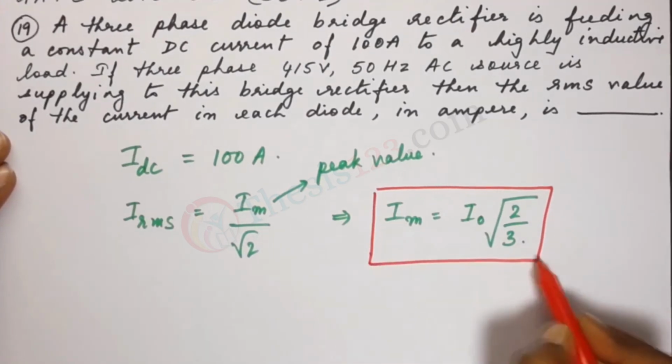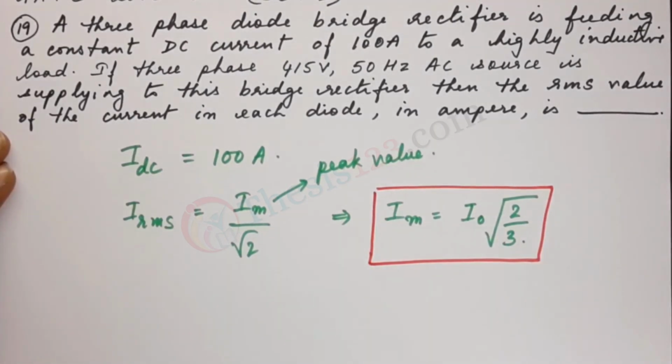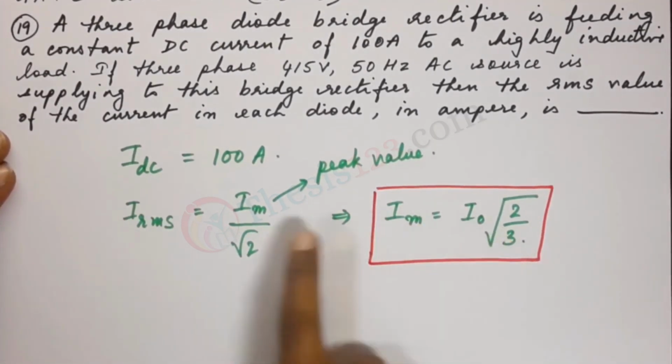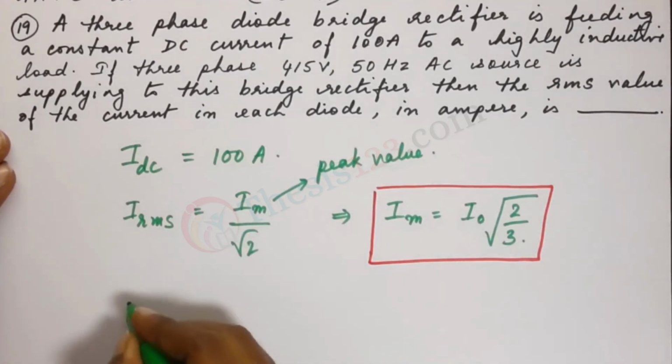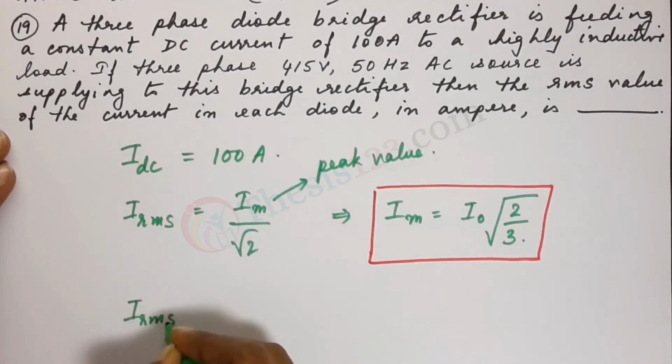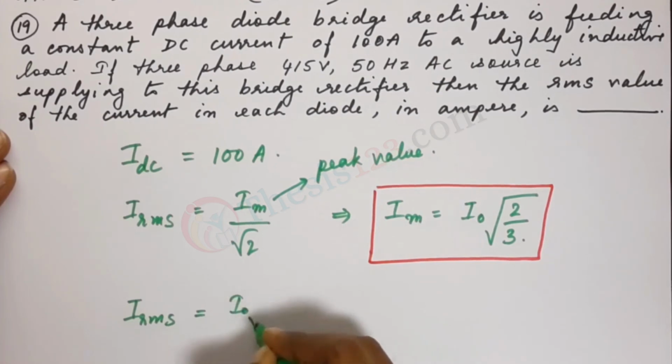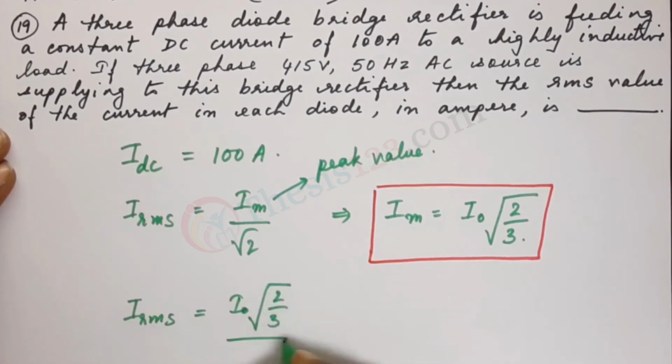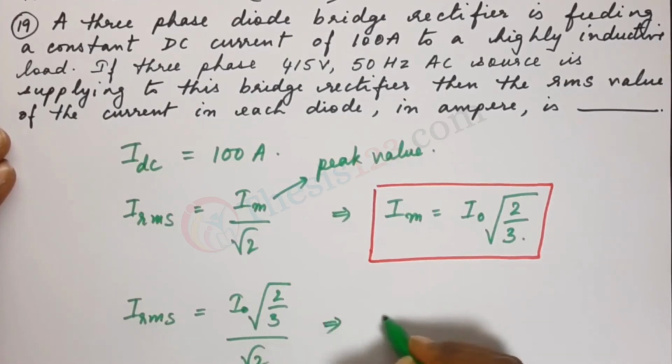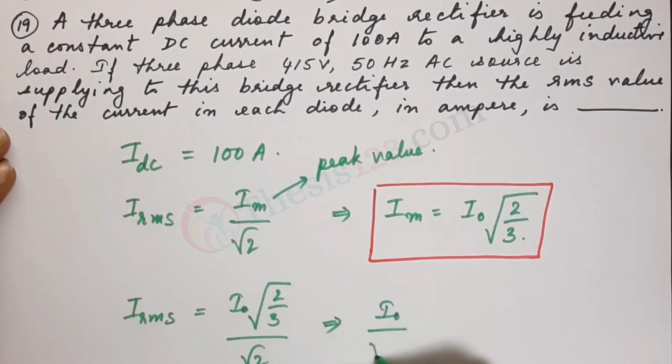for a diode bridge rectifier. So if we substitute this over here, our formula now becomes I RMS is equal to I naught root 2 by 3 divided by root 2. In other words, it's just I naught by root 3.